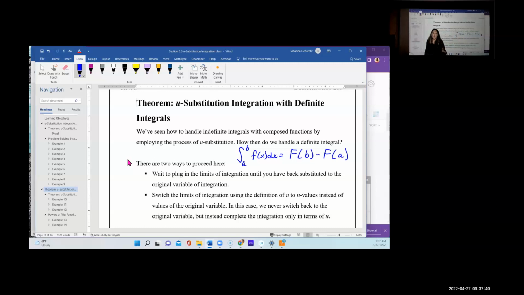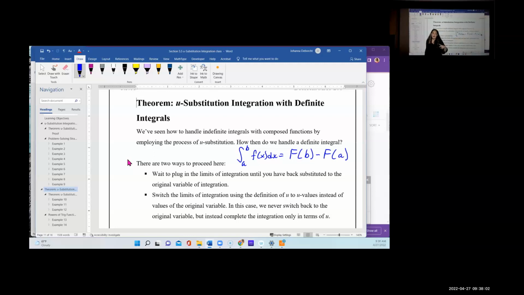But we have a problem here because when we switch to u, the antiderivative function is written in terms of u, but the limits of integration are not u values. They're the original variable values. In this case, they would be x values.